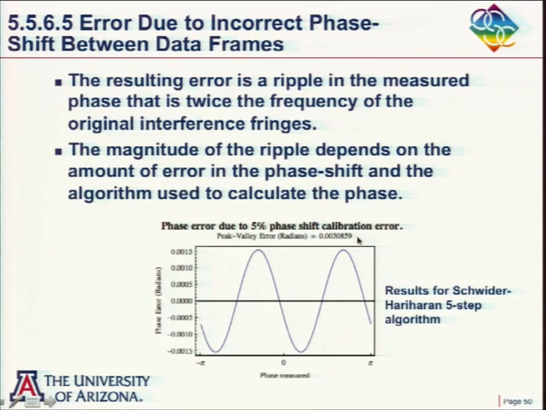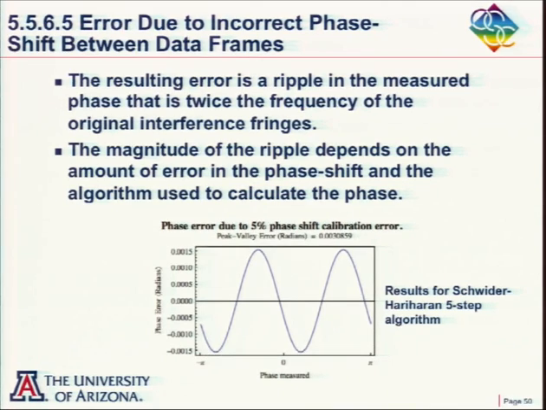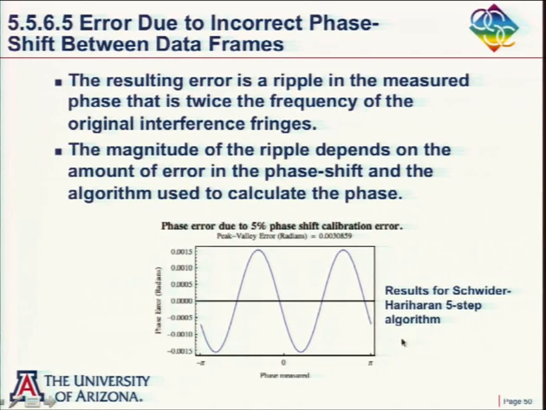Well, it depends on the algorithm you use, and it depends upon how large the phase is off by. For this particular example, I picked this Schwider-Hariharan 5-step algorithm that we saw previously, because it's really very good. It's much better than just using the 4-step algorithm we derived in class.